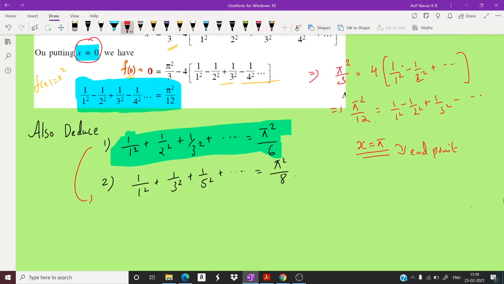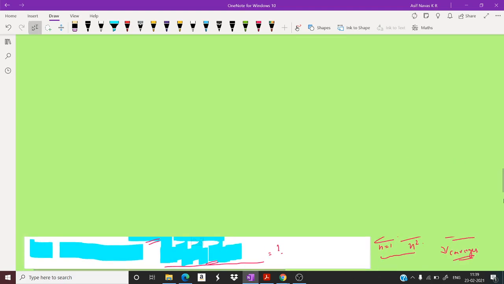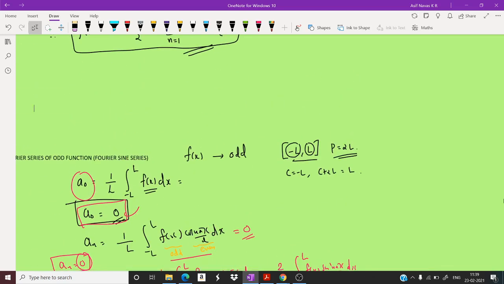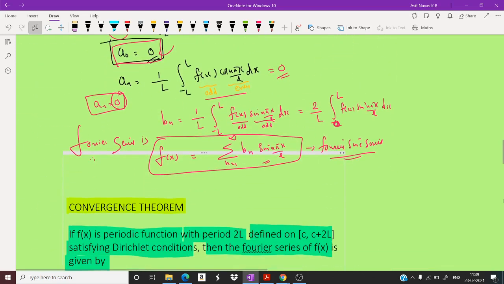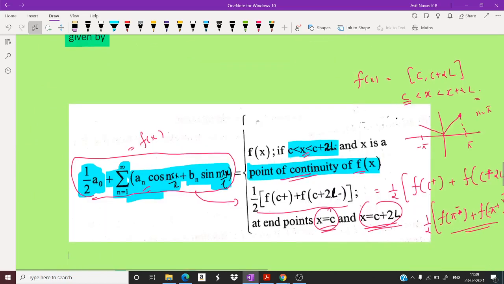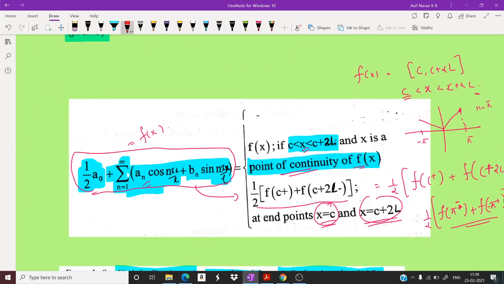If I put x equal to pi, and pi is an endpoint, then the convergence theorem tells us, if it is an endpoint, f of pi. That means our x is c plus 2l, right?